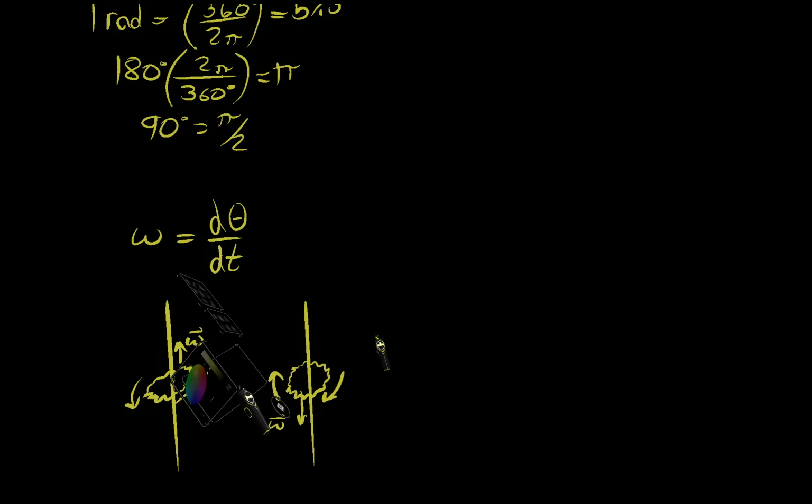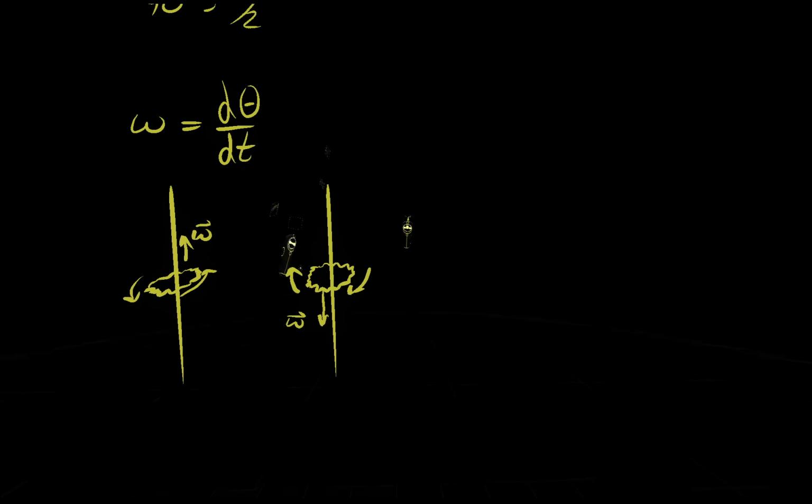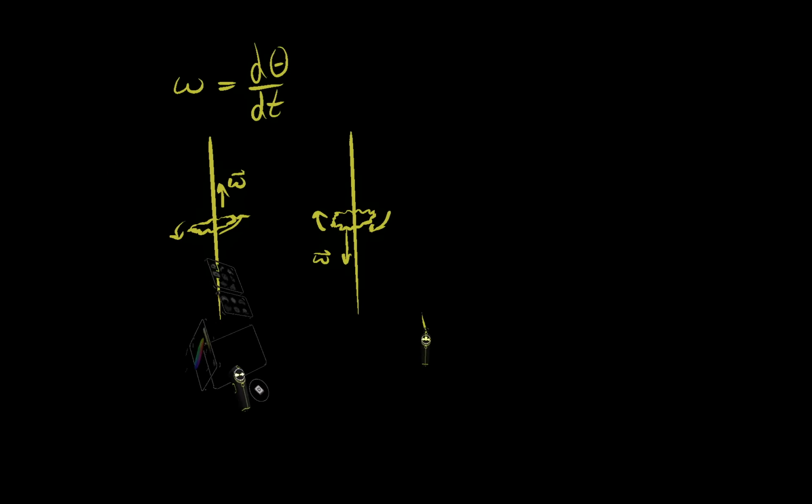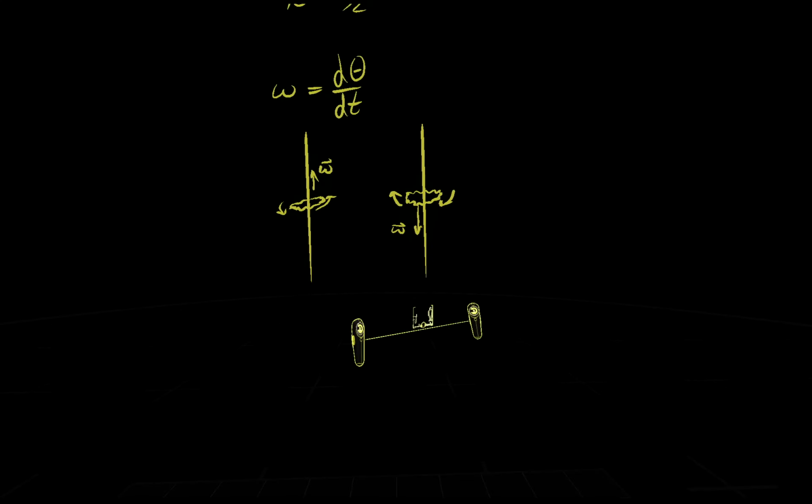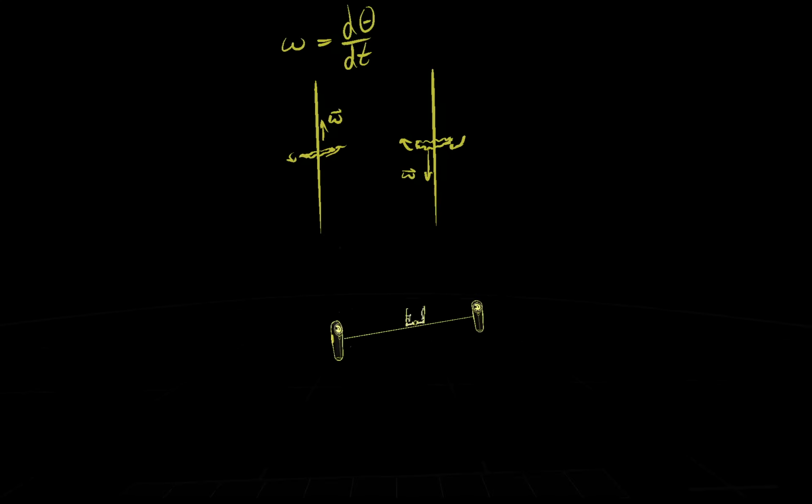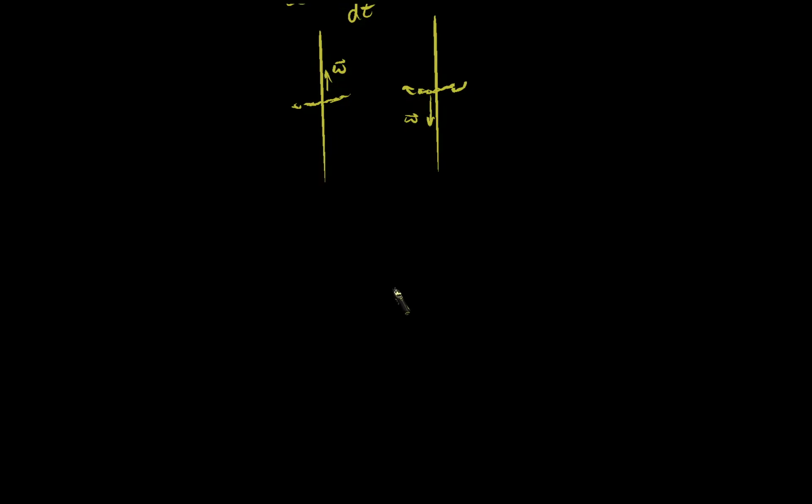All right. So angular acceleration then is the rate of change of angular velocity with respect to time. So we just take one further time derivative. And for that, we use the Greek letter alpha. I'll go to pink here. Alpha.